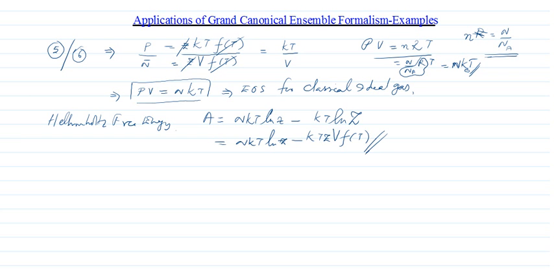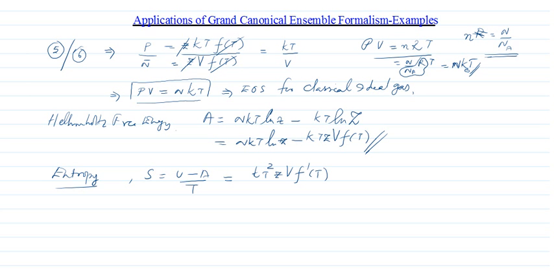Similarly, you can get entropy. All quantities of interest can be obtained. So entropy S is equal to U minus A by T, which you can substitute here. U we already obtained, that is kT squared z V f dash of T. Hope you remember that was an earlier equation.